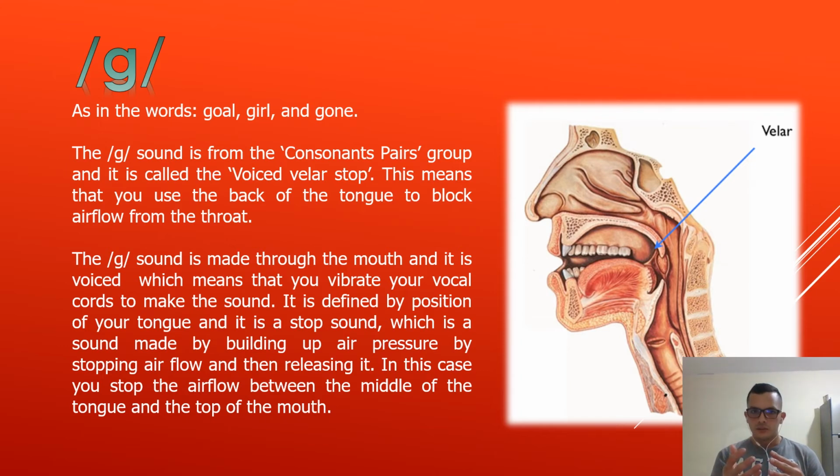make the sound. It's defined by position of your tongue and it's a stop sound, which is a sound made by building up air pressure, by stopping airflow and then releasing it. In this case, you stop the airflow between the middle of the tongue and the top of the mouth.